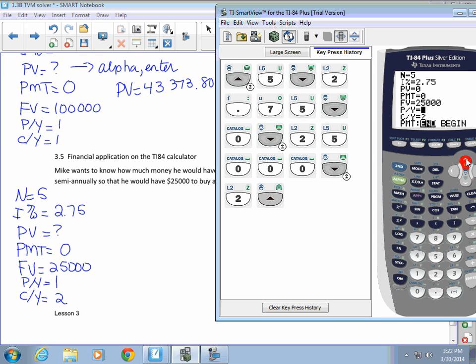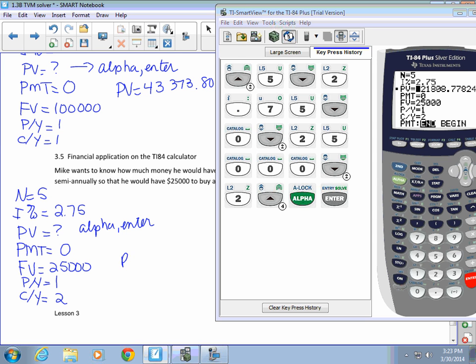So now go back up to PV, hit your alpha, enter. So alpha, enter, and it tells us that we would need $21,808.78 to invest.